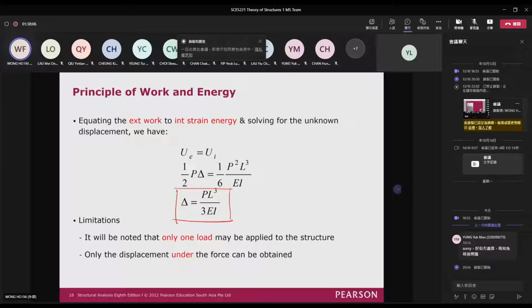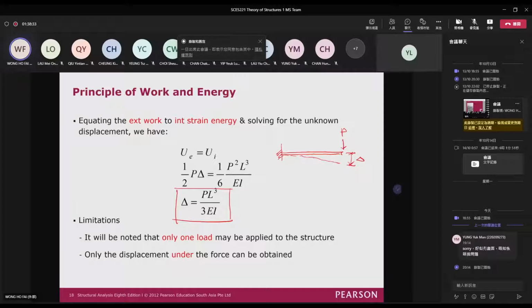We only allow one load, because right now you have your cantilever structure here, and you apply your load here, and then you have your deflection. So this method only allows you to consider one load. If you have more than one load, then you cannot find the delta at this location.